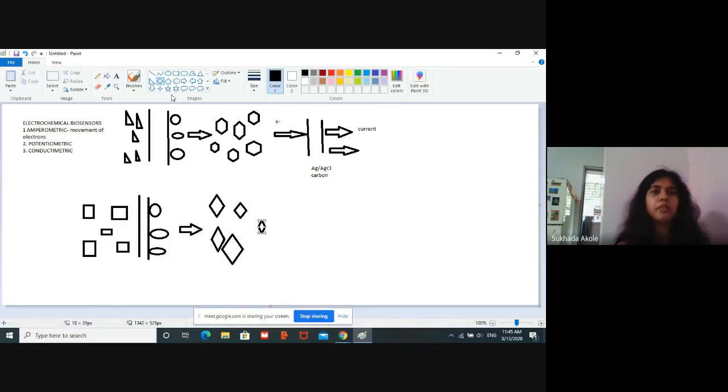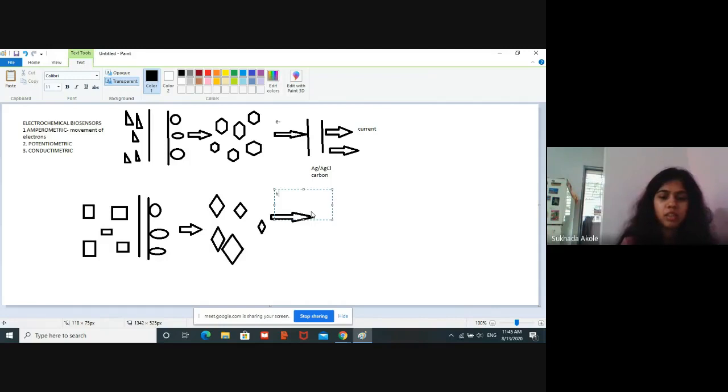Now this product formation, we are going to measure the potential difference, right? So what we are supposed to measure here is the H plus ion concentration.